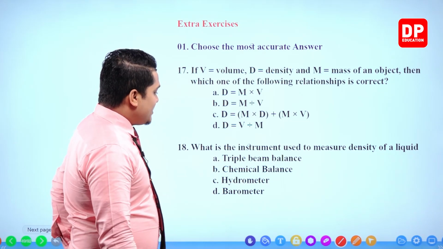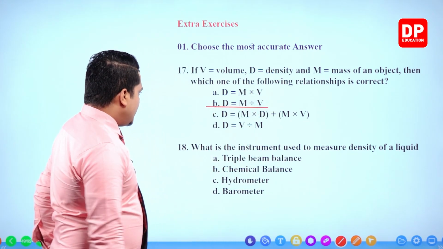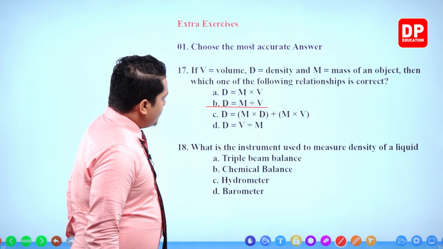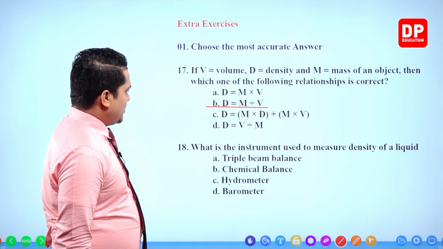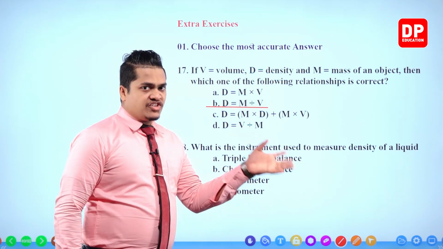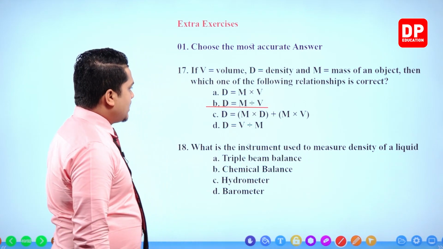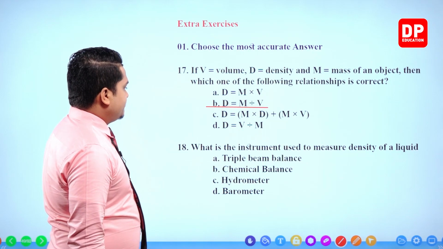D equal M division V, this is correct. D equal M times D plus M times V, once again incorrect. D equal V division M, interchanged, right? Incorrect. So the correct answer would be D equal M division V.